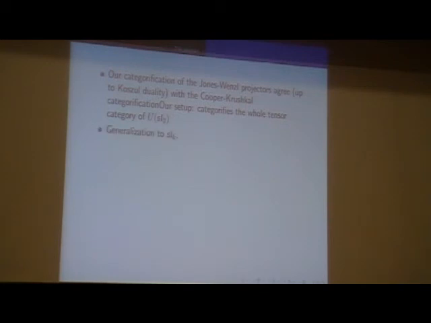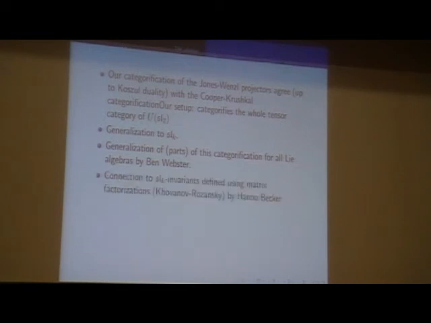And of course, everything generalizes to sl_k, except that you cannot draw these nice pictures, which are really special for Jones or sl_2. Parts of it at least generalize to categorifications for modules of arbitrary Lie algebras, and this was done by Ben Webster. We will also talk about this. Then there are also known connections to Khovanov-Rozansky theory.